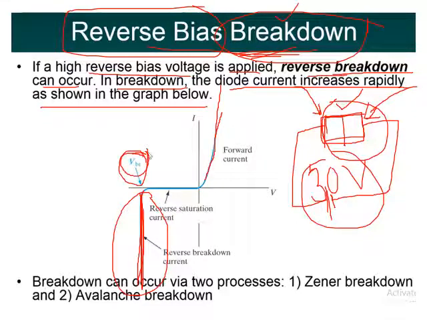Here it is written VBR, the reverse breakdown voltage. If we supply a potential greater than VBR in reverse bias, then definitely the breakdown will happen. And breakdown can happen in two different ways: one is called Zener breakdown, and the other is called avalanche breakdown.